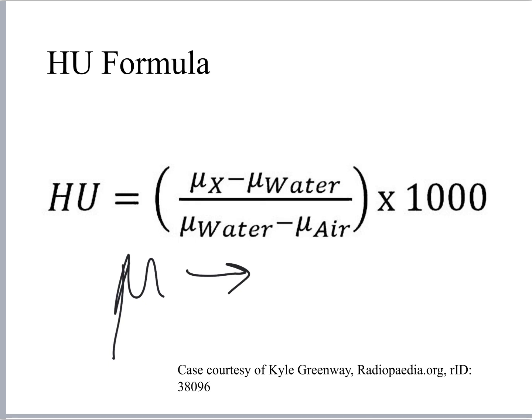That would be linear attenuation value X minus the attenuation value of water over the attenuation value of water minus a very specific measurement of attenuation value in air. So if we have something that is less attenuating than water, we would expect it to be negative on the Hounsfield unit scale. And if it has a higher attenuation value than water, we would expect it to be positive on the Hounsfield unit scale.